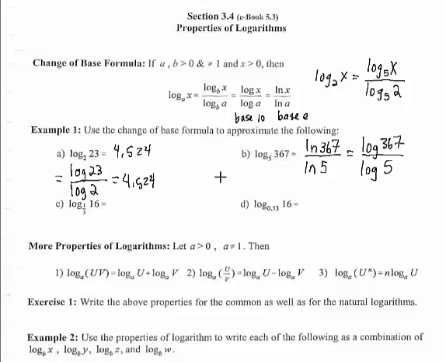and any other base for that matter, except now we would have to actually write in the base number that we were switching to. I could switch this to a log with a base of 2, but whatever base that you're switching to, you want to use that base in the numerator and denominator. And so once again, 367 in the argument of the numerator, and 2 in the denominator.